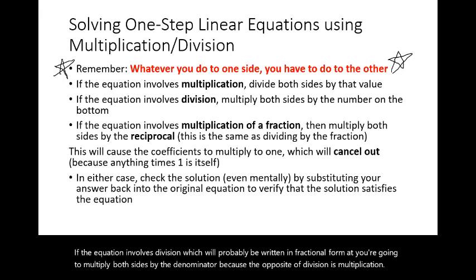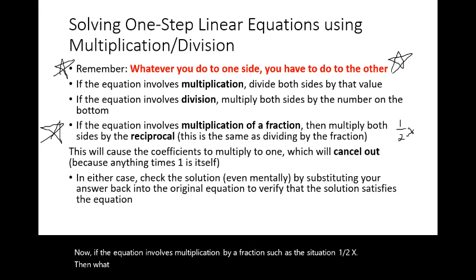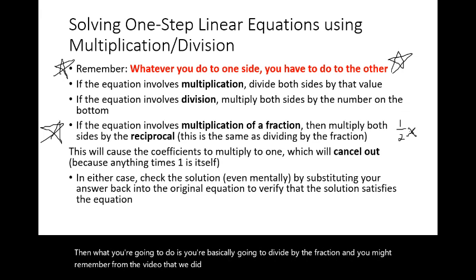Now, if the equation involves multiplication by a fraction, such as a situation like 1/2 x, then you're basically going to divide by the fraction. And you might remember from the video that we did on dividing fractions, it involves keep, change, flip. It involves multiplying by the reciprocal.